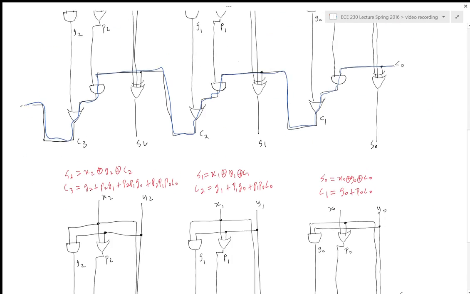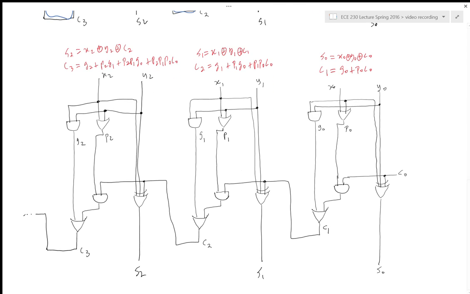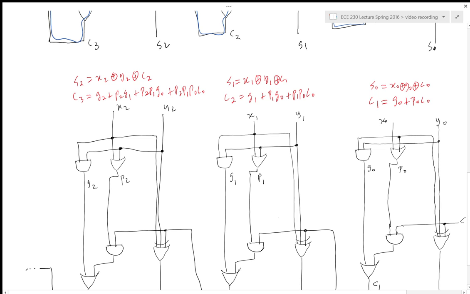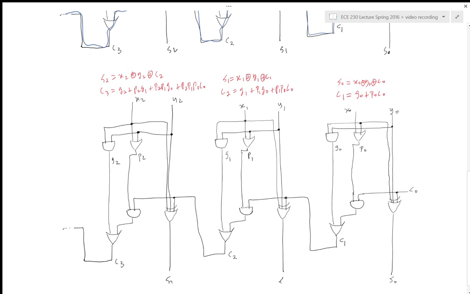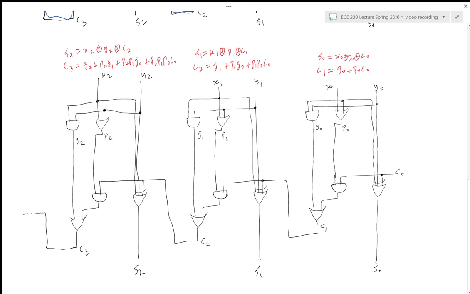So I have copied the equations of C1, C2, and C3 right down here, to make things a lot simpler. So I'm just going to show you how we can modify that. There's no modification on the first stage. This stage right here, we're not going to touch it, because there's already a carry in coming in. We're not doing anything different. But now if you look at C2, the complication here is in C2.